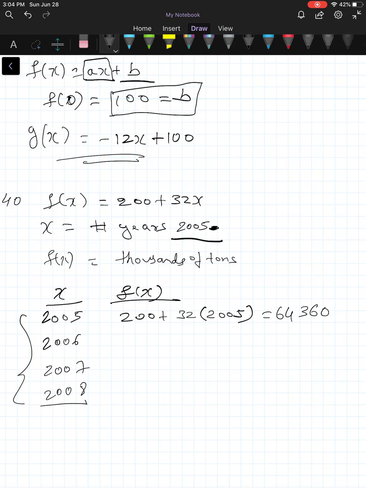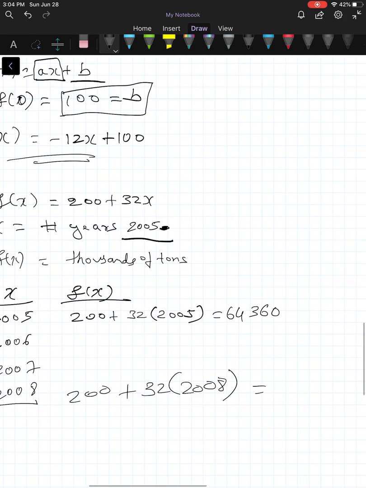That is very simple. I have done many examples of sketching graphs. So 200 plus 32 times 2008, 2008 times 32 would be 64,256, plus 200, so that would be 64,456. So I will use these two values to find the average rate of change of the function.